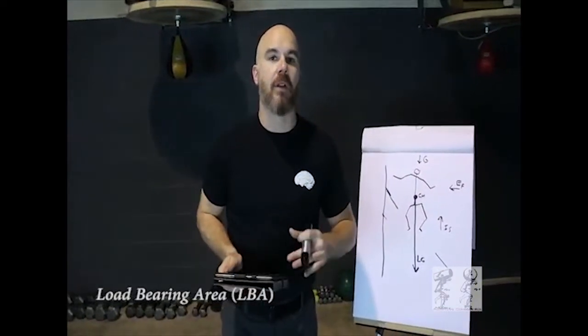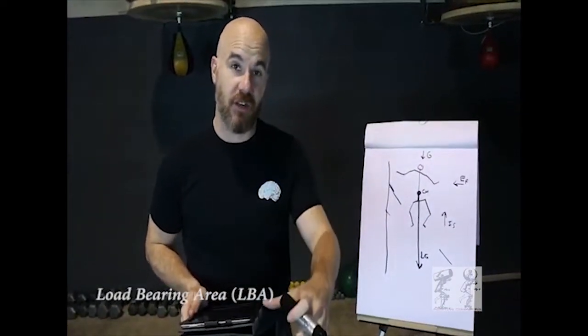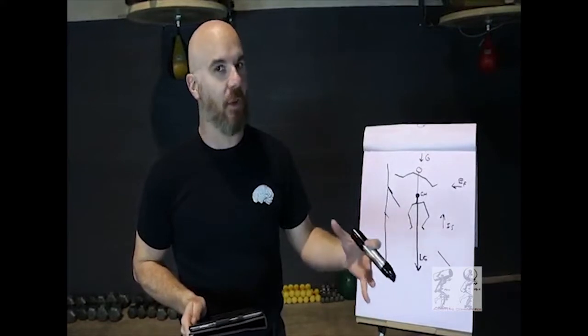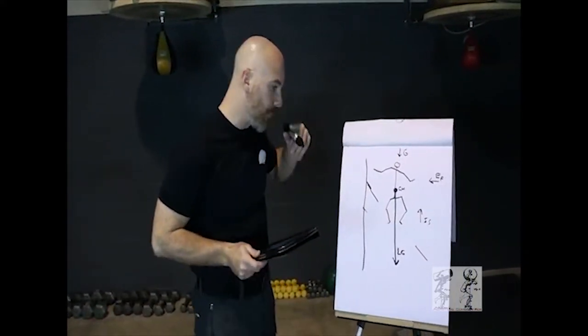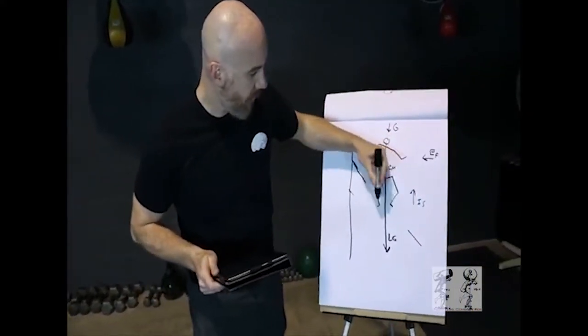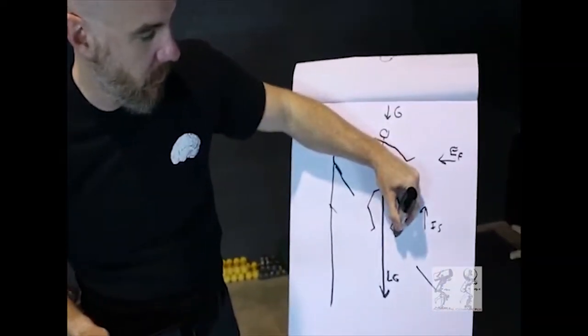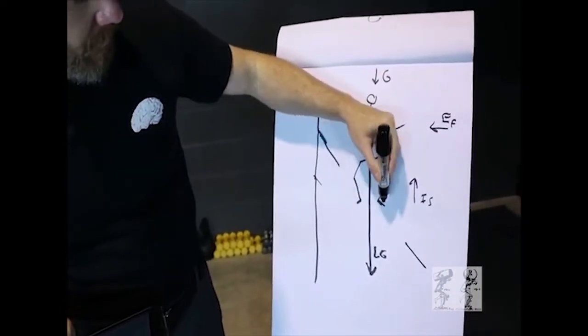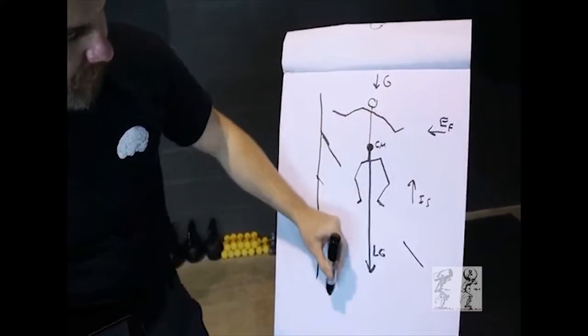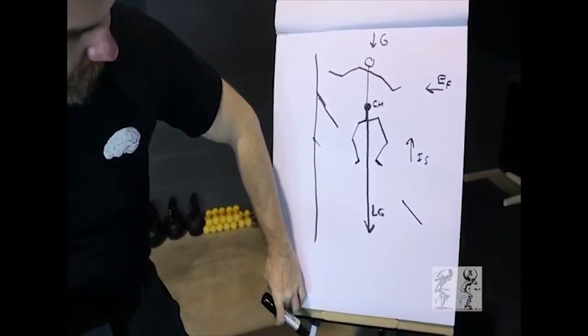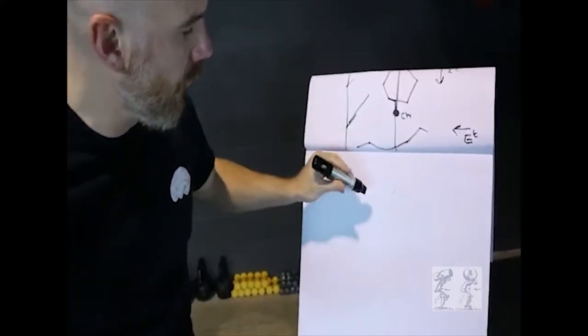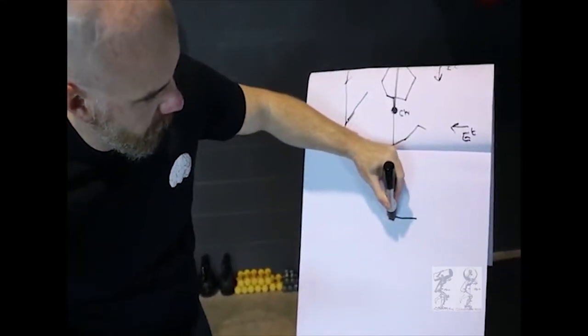Okay, so now we're going to go ahead and look at friction and load-bearing area. So you have the ground, and you have points of contact with the ground that are called feet. Let's draw it out this way. When we look at friction, say this is the ground right here.